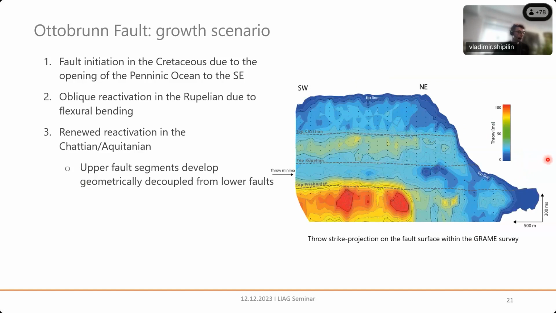Then there was a period of tectonic quiescence, and in the Chattian or in the Aquitanian, a new fault segment nucleated within the Chattian interval, and most probably the lower segment served as a sort of kinematic attractor for this nucleation.